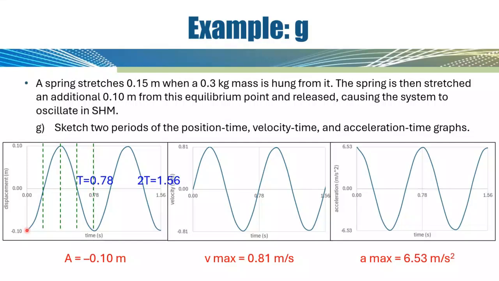So I'm just going to sketch an oscillation. So going up and coming back down would be one oscillation. And since I pulled it down negative 0.1, I know that it's going to go up positive 0.1. And so when I complete this first oscillation, that is one period, the time for a complete oscillation.